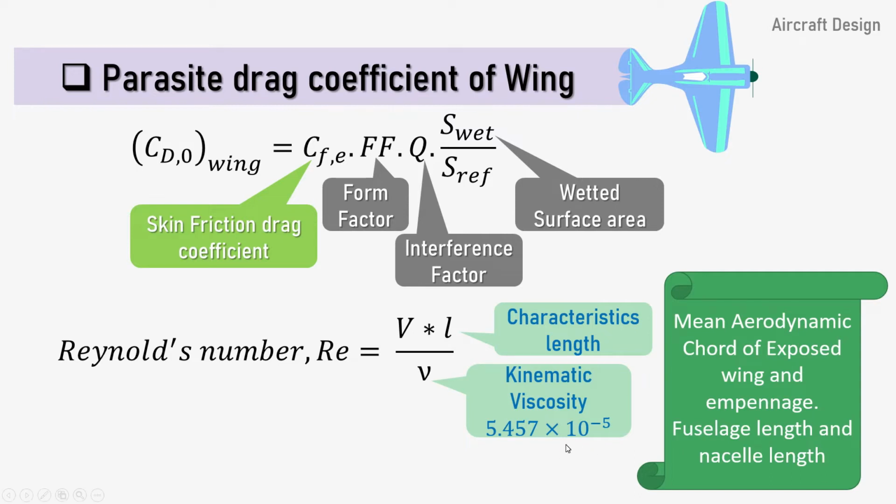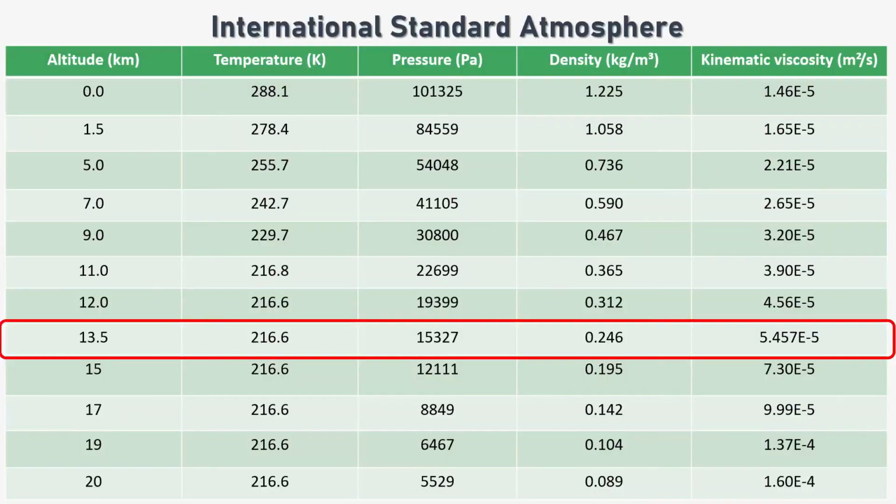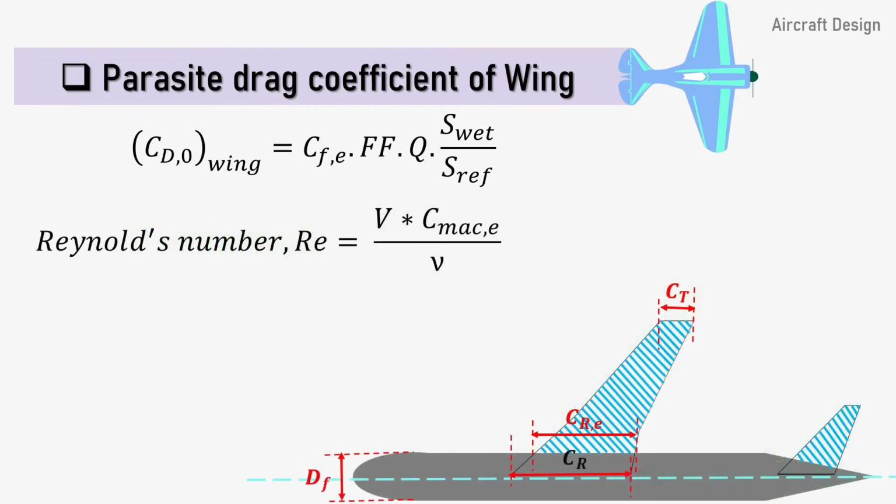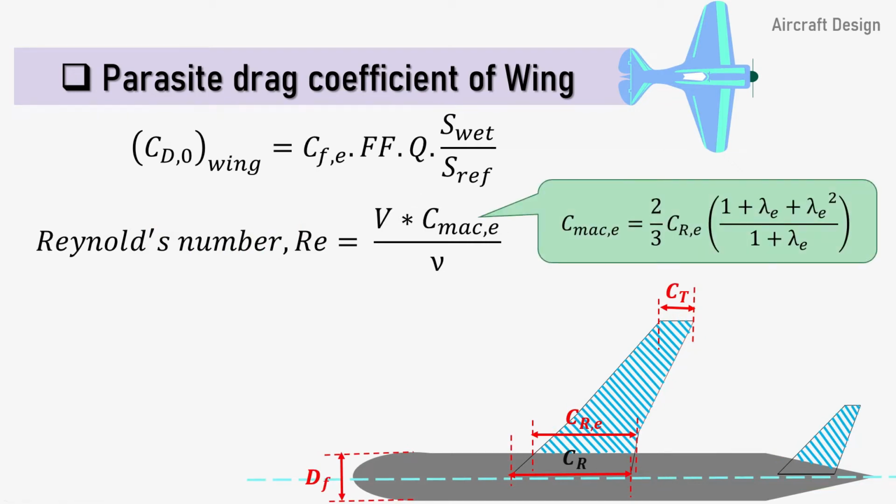Now considering the wing, the characteristic length is the mean aerodynamic chord of the exposed wing. The formula is a common one: 2/3 of CRE times (1 plus lambda E plus lambda E square) by (1 plus lambda E). Here CRE is the exposed root chord and lambda E is the exposed taper ratio.